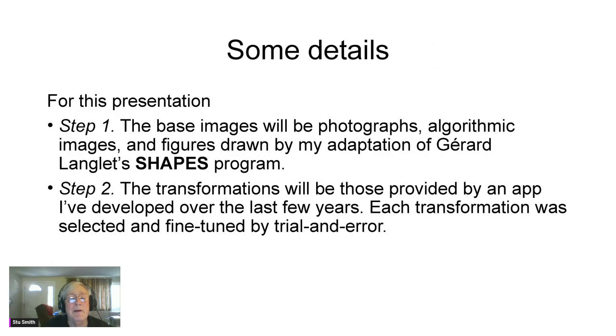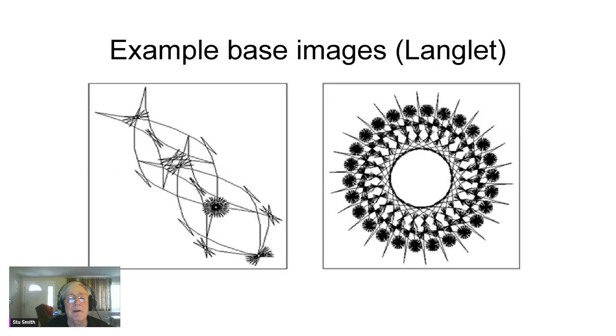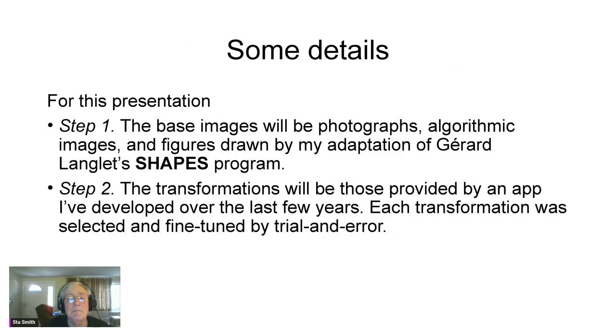Okay, for this presentation, I'll give you just a couple of details. The base images will be a variety of types, and I'm going to mainly use images created by an algorithm created some years ago by Gerard Langlais, who was a biochemist and crystallographer.